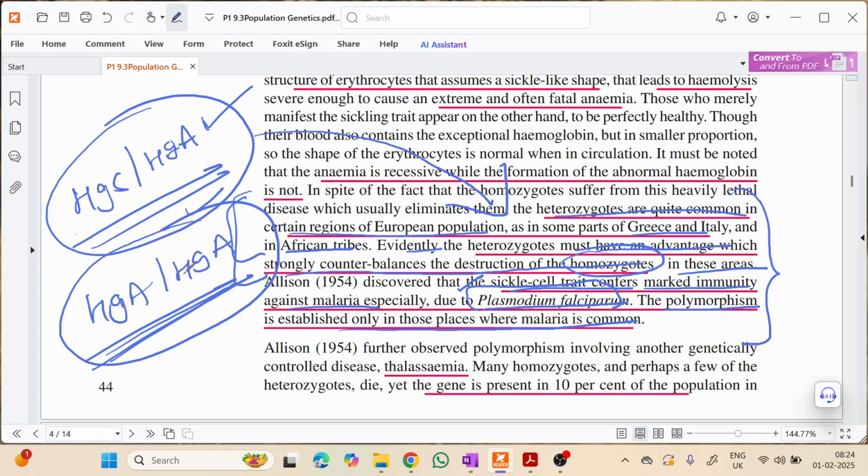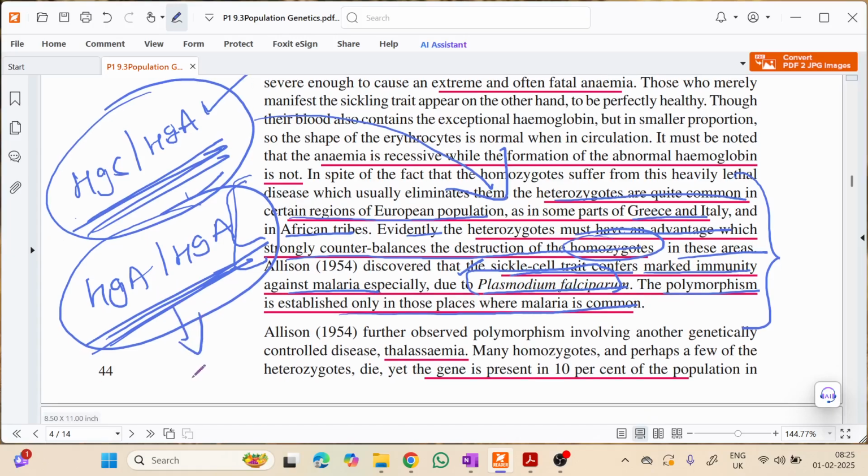So the sickle trait provides an immunity, but it provides an immunity only in heterozygous form. If it stays in homozygous condition, it leads to your death in the form of hemolysis or anemia. So that's the gist of it.